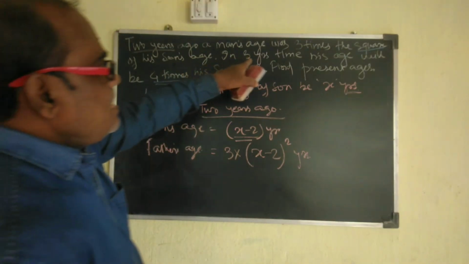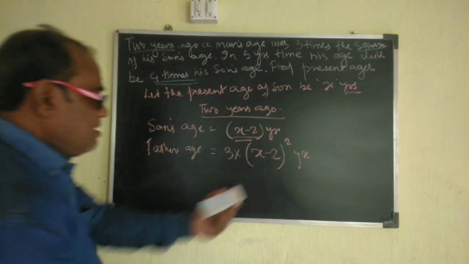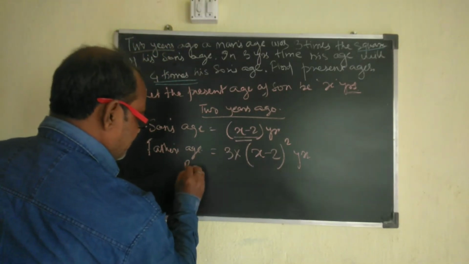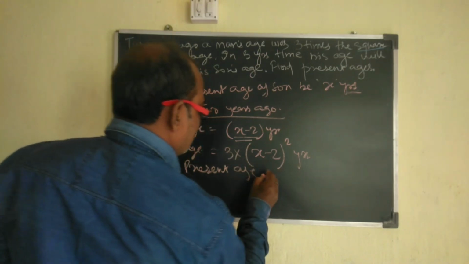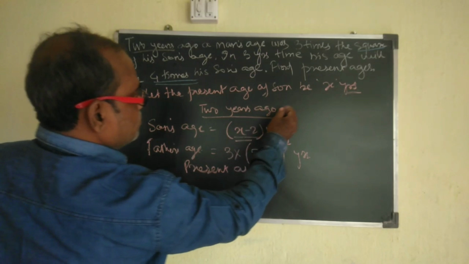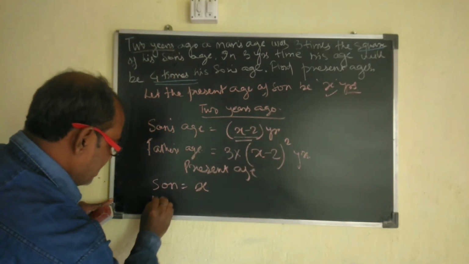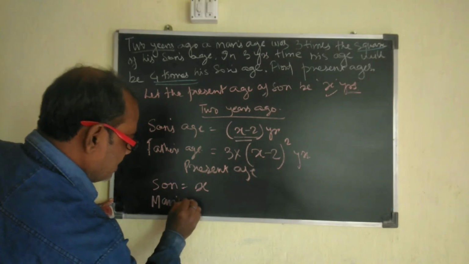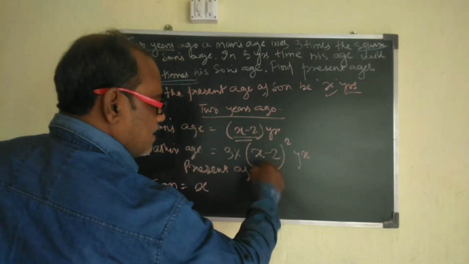Now, in 3 years time means from now onwards, from the present age. So right here again, present age. The son's present age is x years. The man's age was this 2 years ago, so the present age will be this plus 2.